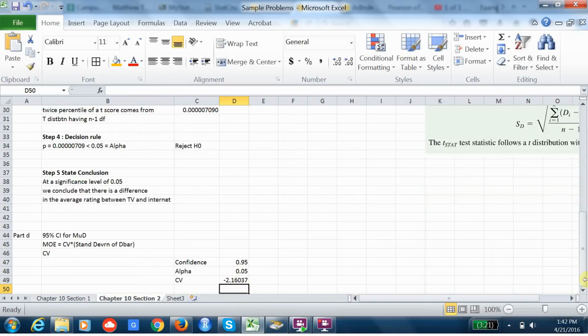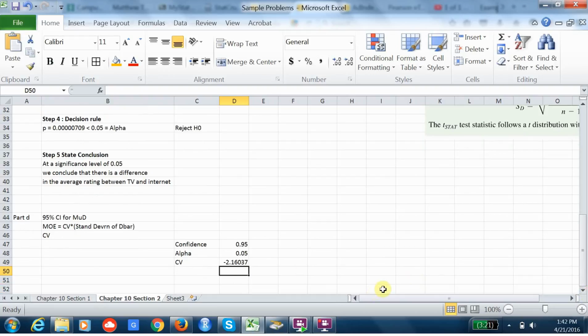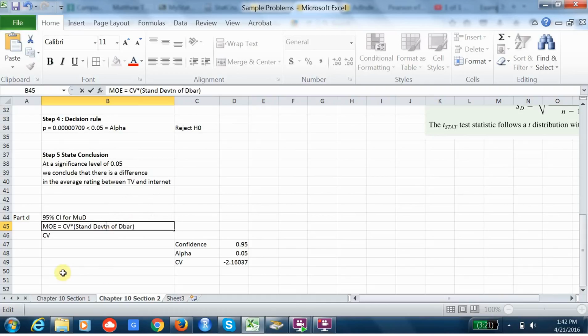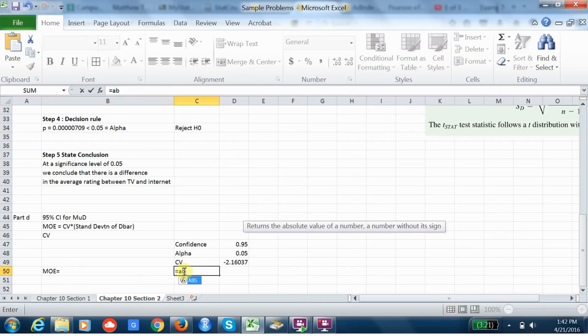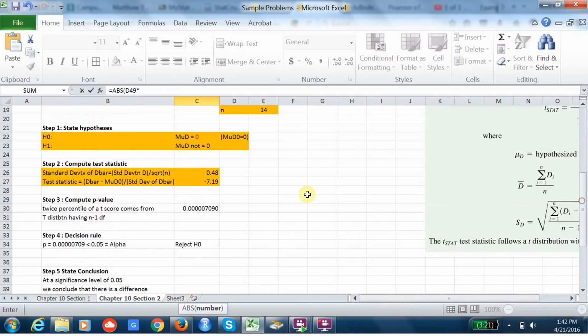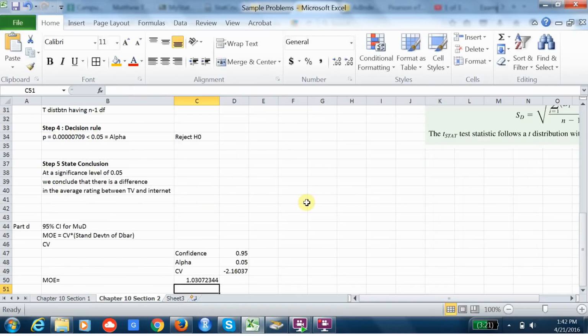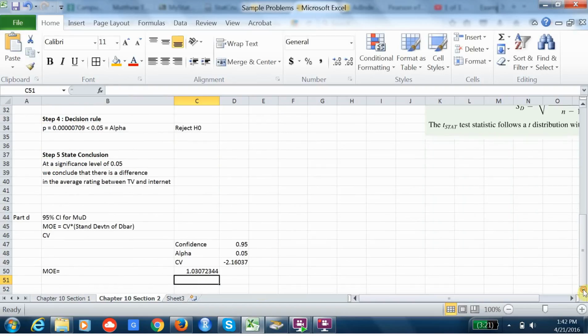And again, it's going to be a negative value. The standard deviation of d bar we already figured out. There's no work to do there. We actually did that in the hypothesis test. So now we know the margin of error. It's just going to be equal to the absolute value, because that's going to be negative, times the standard deviation of d bar I got way up here. And that's my margin of error.